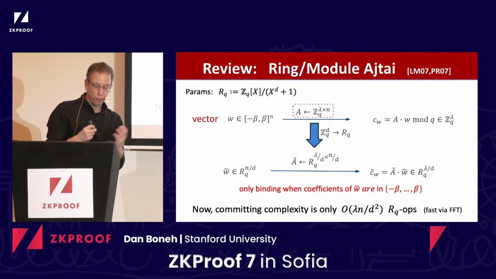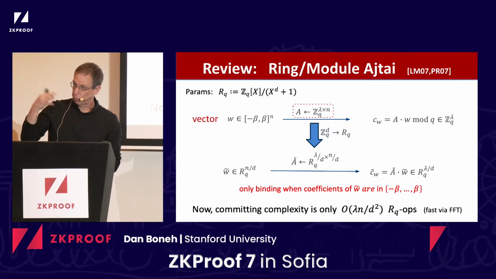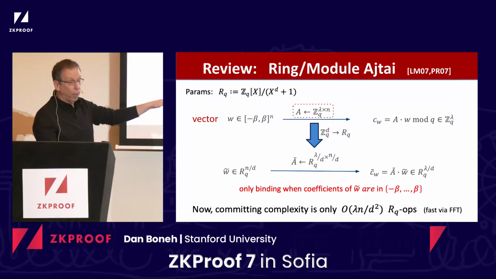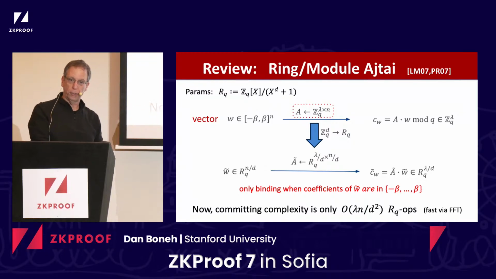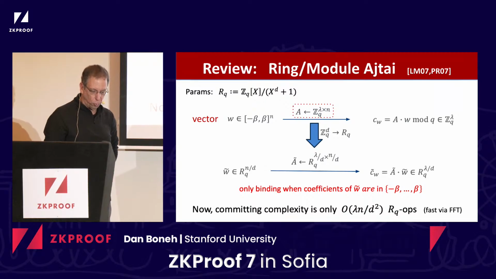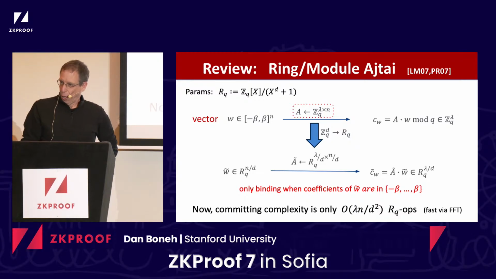So the number of operations is lambda n over d squared. But of course, each operation is now more complicated because we're multiplying two ring elements. If we do that using FFT, that takes roughly d log d. So overall, we improve things by a factor of d. This is why whenever we use the Ajtai hash, we're always using rings instead of ZQ. All right, so far so good.